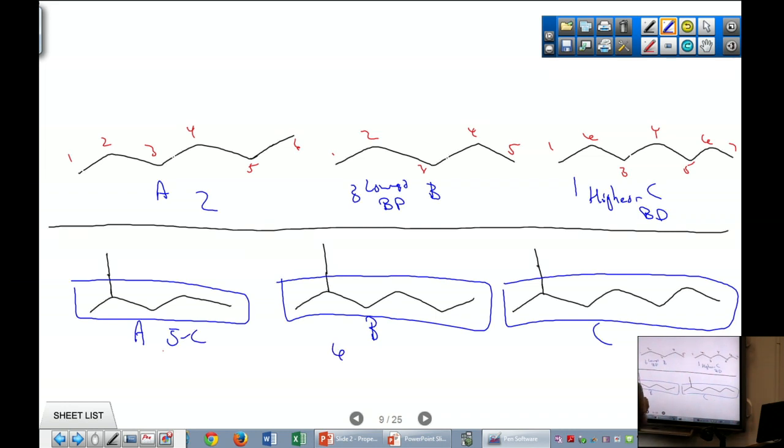So you can just go based on how long the chain is. So this will be your highest, middle, and then your lowest. Fair enough? So the longer the chain, the higher the boiling point. The more branches, the lower the boiling point.